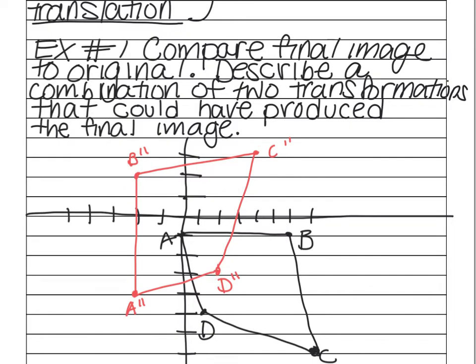And we're trying to figure out how we were able to move this one over here. So if you can kind of see, it's definitely been rotated because here is AD and here is AD for this image. And it looks like it might have been translated a little bit.